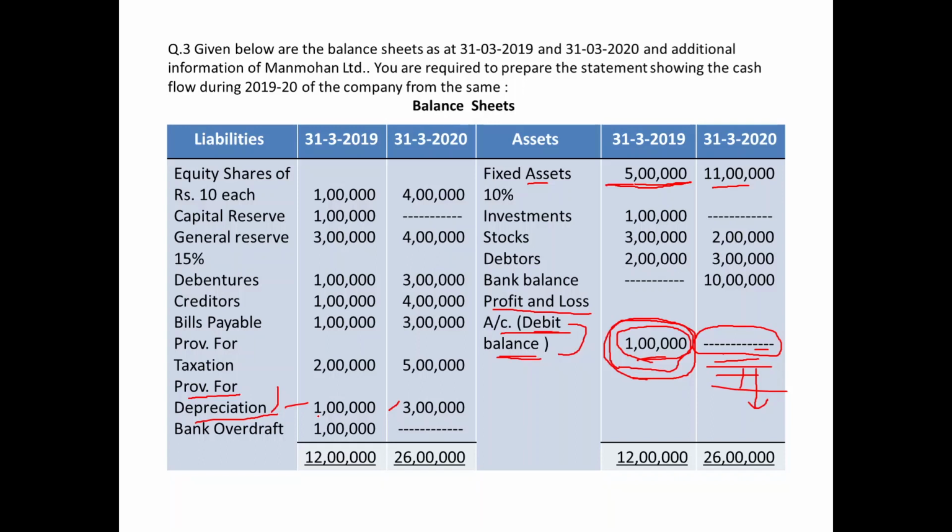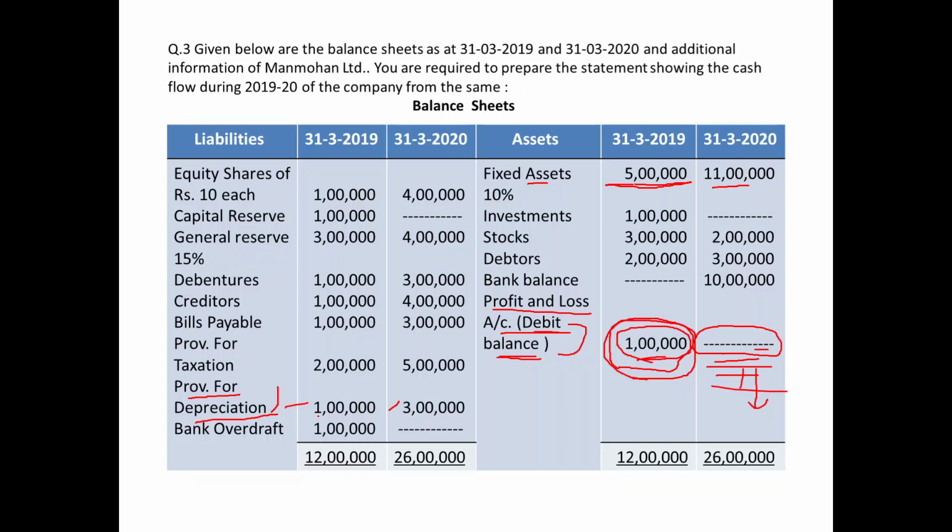So these are the three main characteristics of this depreciation fund system that you have to remember. You will have to apply in the accounting treatment related with fixed assets in the given question.